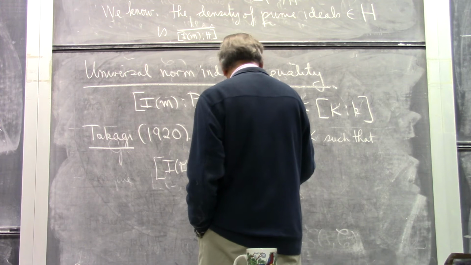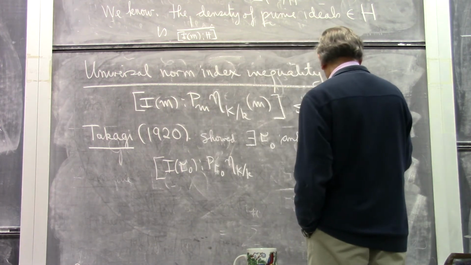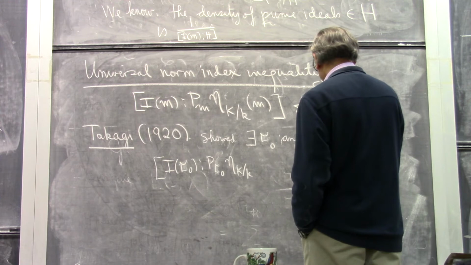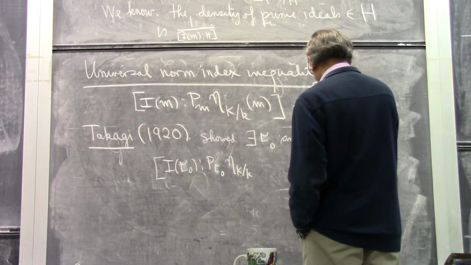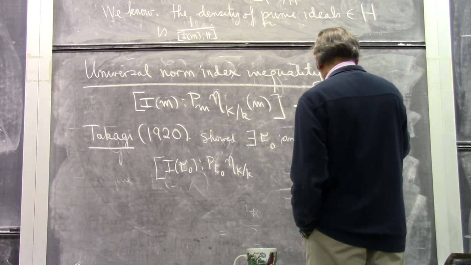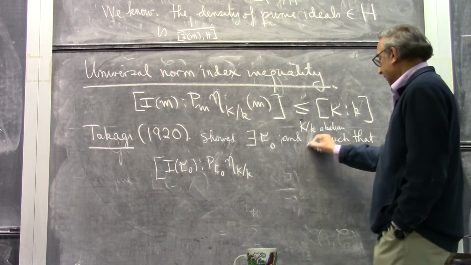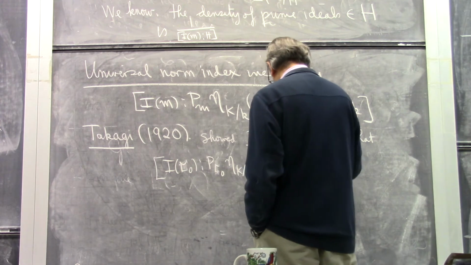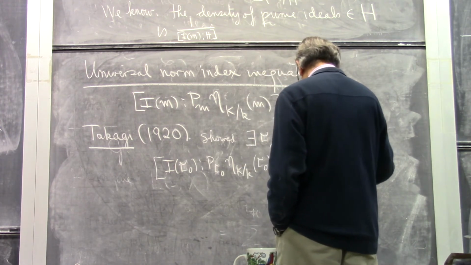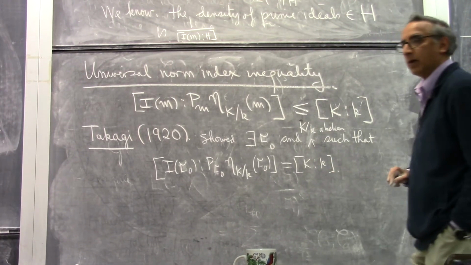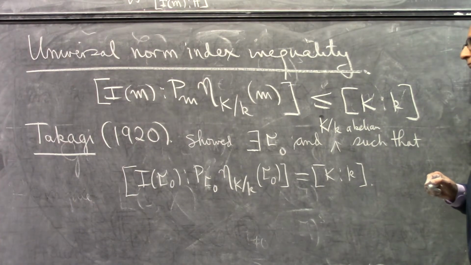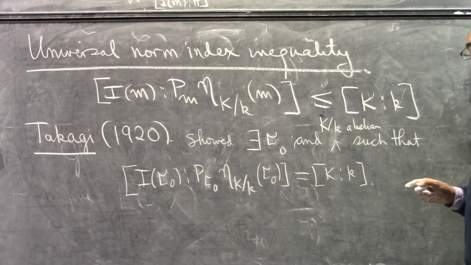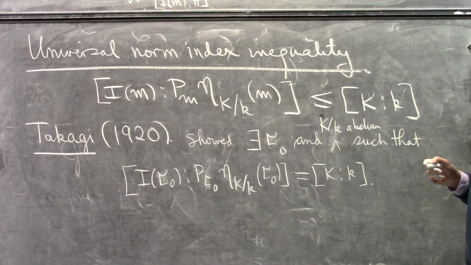And K abelian over little k, a finite abelian extension, such that this is actually equal to the inequality. So this is not a strict inequality always. Can't get bigger than that, but it can actually equal that. And that's an important theorem.